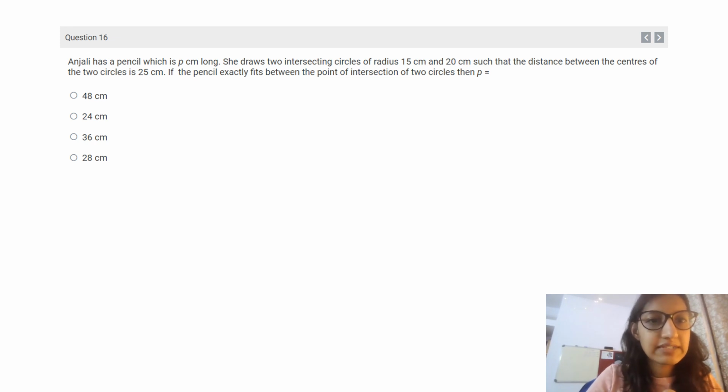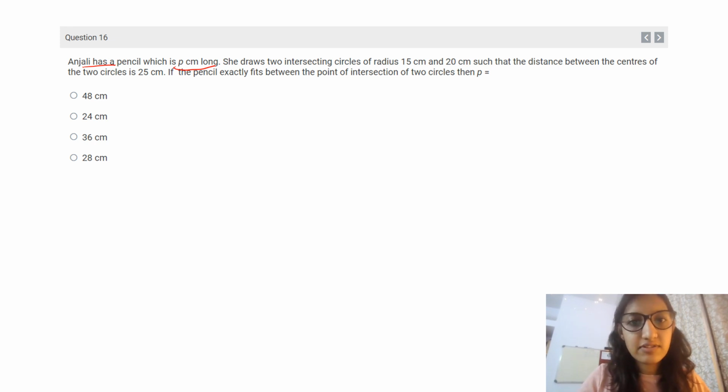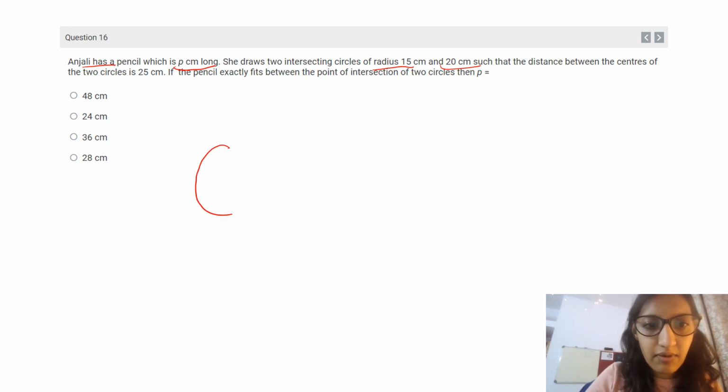So for this question, it has been mentioned that Anjali has a pencil which is p centimeter long and she draws two intersecting circles of radius 15 and 20, and the distance between the centers of these two circles is 25 centimeter. Okay, let's draw.